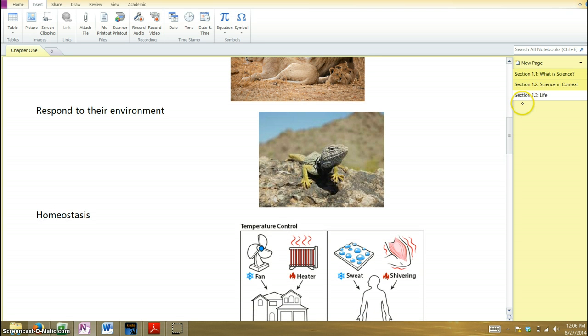All living things interact with their surroundings. They're not these isolated individuals. Again, one way we do that, of course, is by eating. We take in food and energy. Here, this lizard is essentially absorbing heat from the sun. It just sits on this rock and it's just heating its body up that way because reptiles are what we call cold-blooded animals.